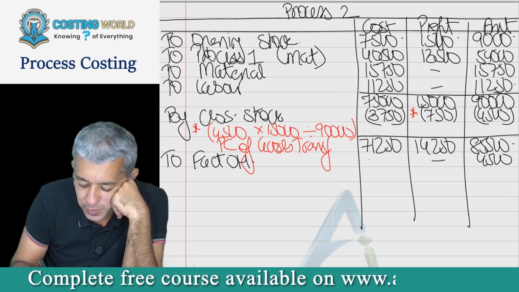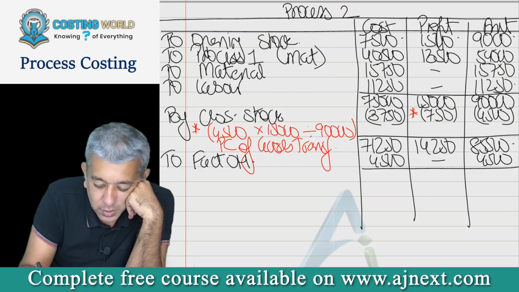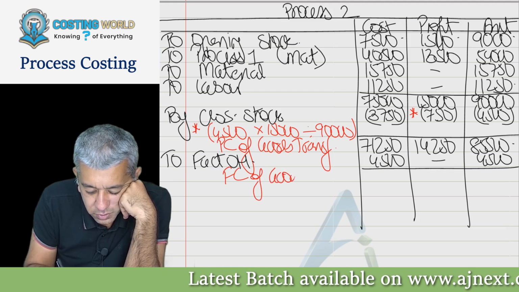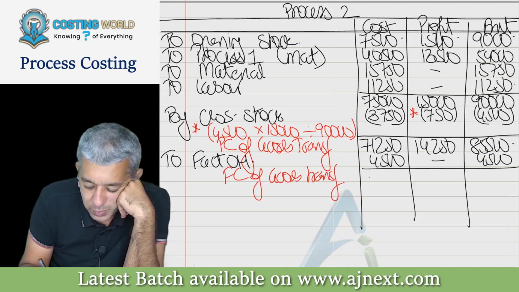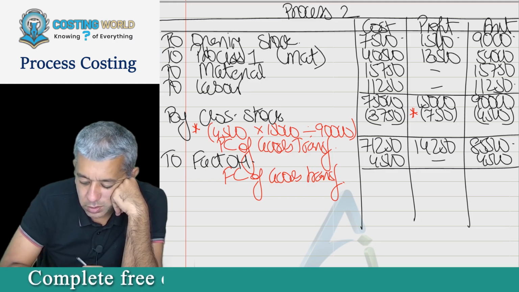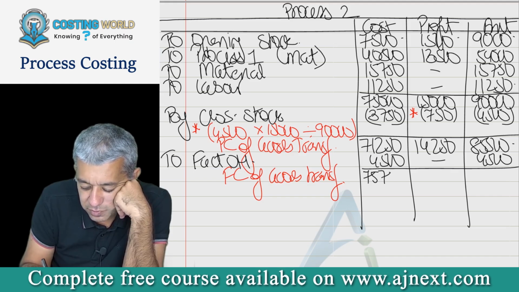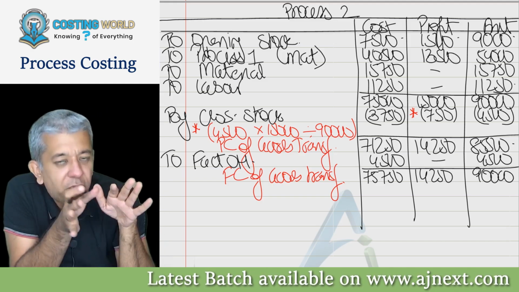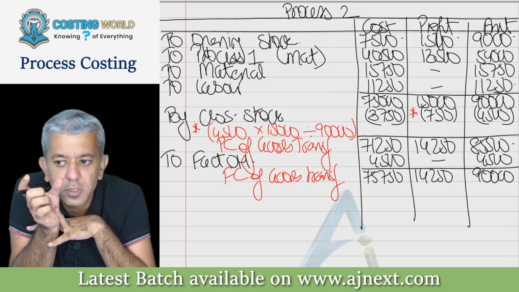Obviously, that is an expense that does not include profit of any other department. This will give you the factory cost of goods transferred. So total it up, please. 75,750, 14,250, 90,000.